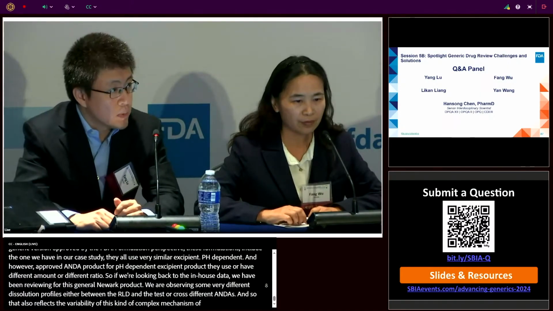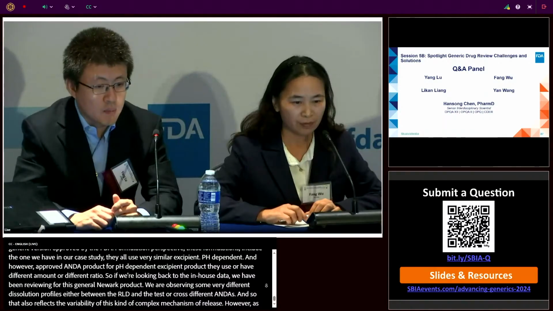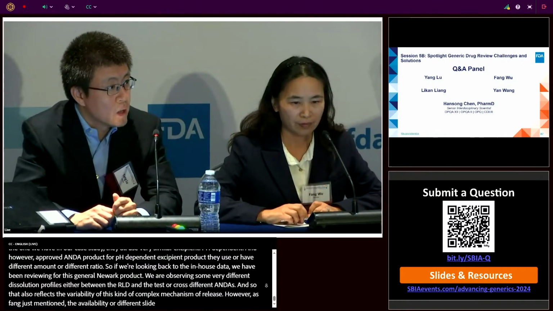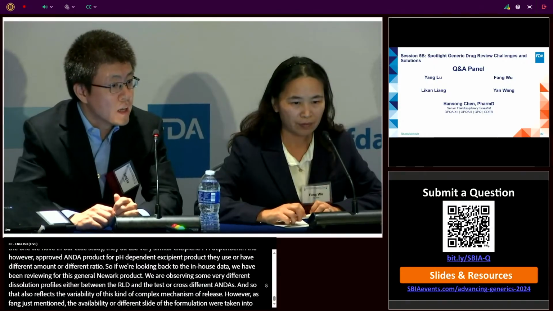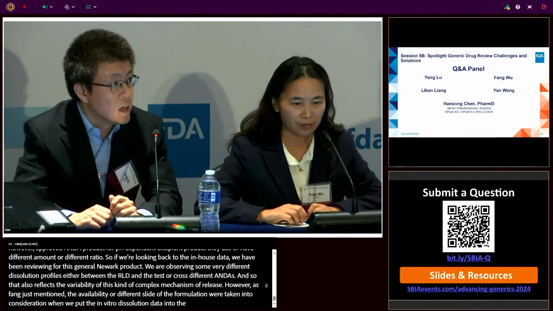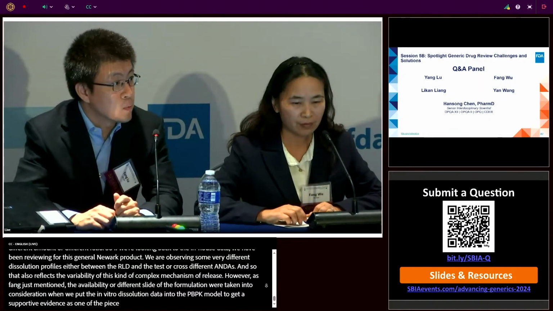However, as Fang just mentioned, this variability or the slightly different design of the formulation was taken into consideration when we put the in vitro dissolution data into the PBPK modeling to get supportive evidence, as one piece of evidence we use to support either the approval or the decline of the ANDA.